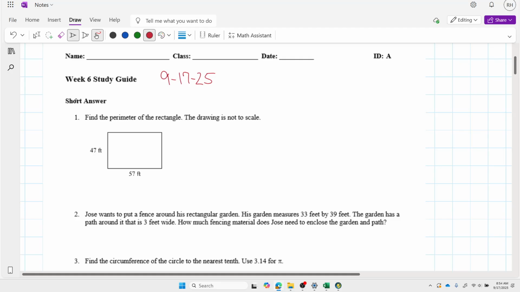All right, so problem number 1 on this quiz, find the perimeter of the rectangle. Perimeter of a rectangle is equal to 2 times the length plus 2 times the width. And they give you the length and the width. Okay, so the perimeter is equal to 2 times 57 plus 2 times 47.